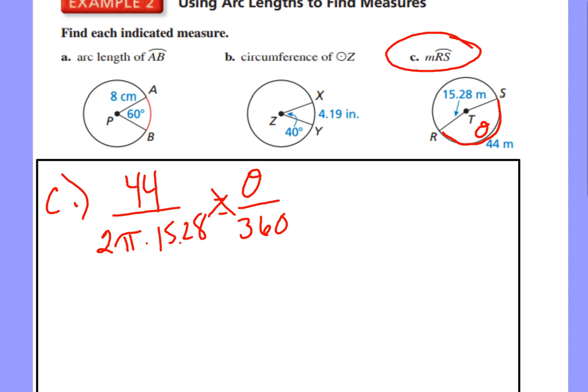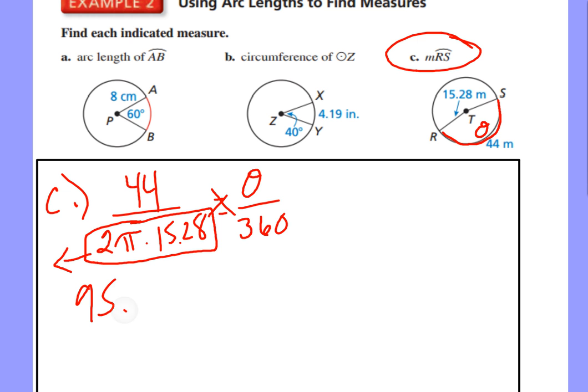And just to kind of make our life a little bit easier here, I'm actually going to go ahead and multiply this out. 15.28 times 2 is 30.56, and then times 3.14 for pi is going to be 95.96 roughly.